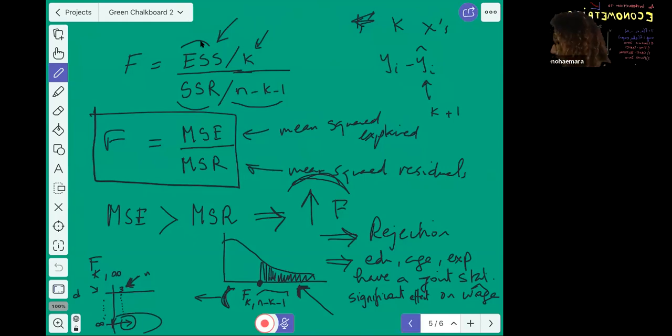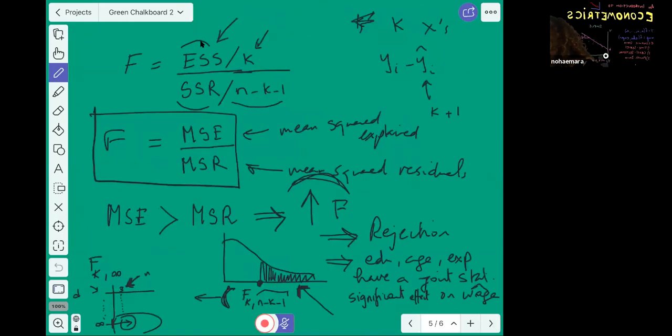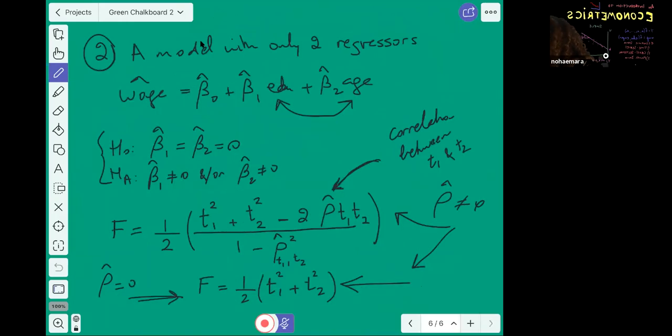But this method is more general because it can be used for any model that has more than two variables. If you just have two variables and you want to make your life easy, and you have all the information of the t-statistics, and you assume that the estimated correlation between the two t-statistics is equal to 0, then you just go ahead and compute it using this simple formula.